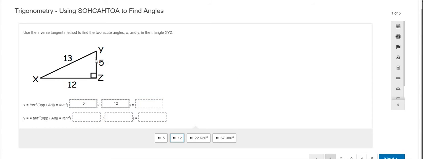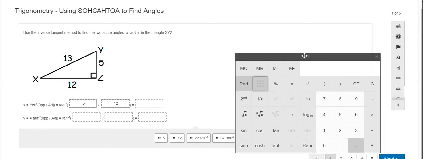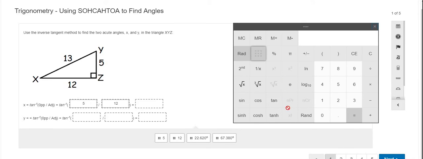Now to get that angle, we're going to go to the calculator. We'll pull the calculator up here. We're going to go second, inverse tangent, 5 divided by 12. Then I close the parentheses and hit the equal sign.